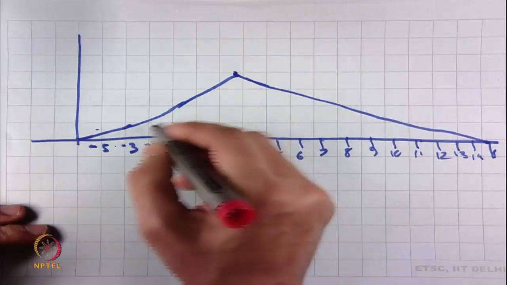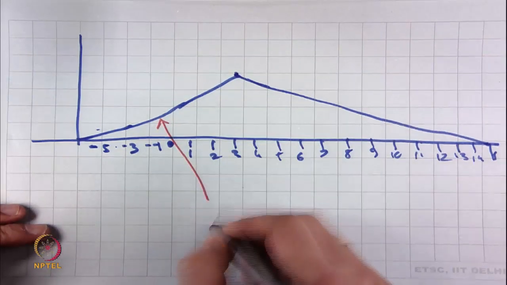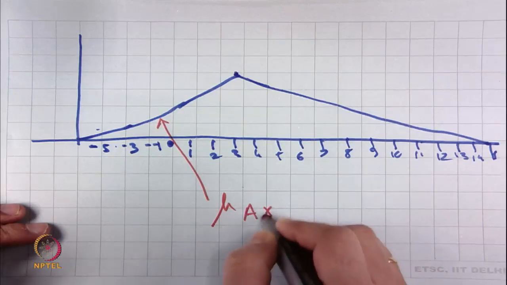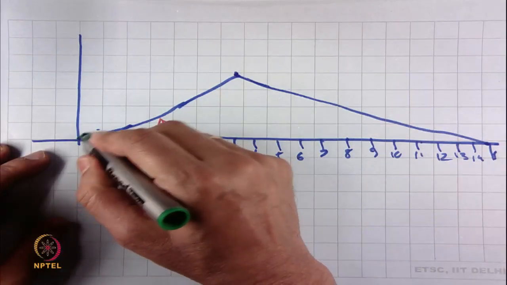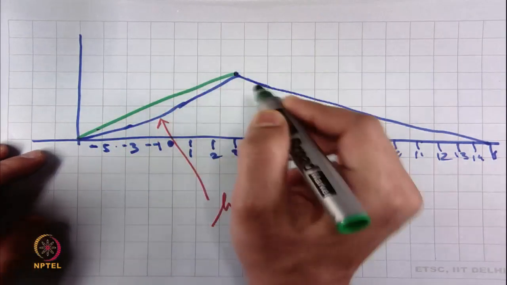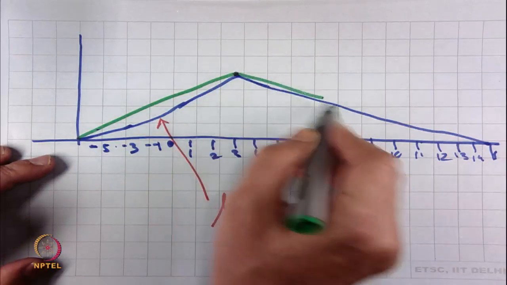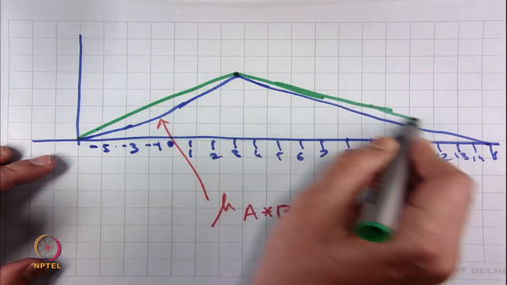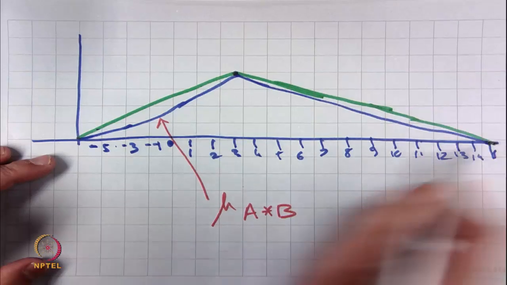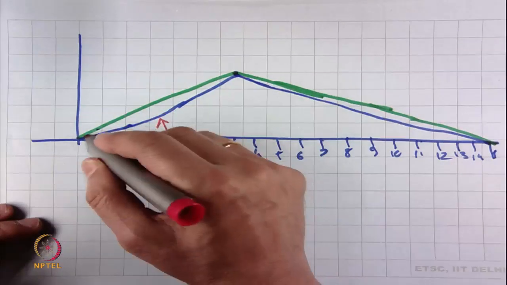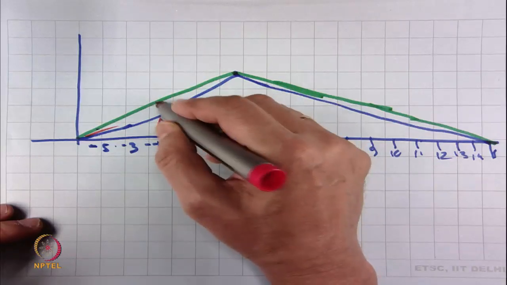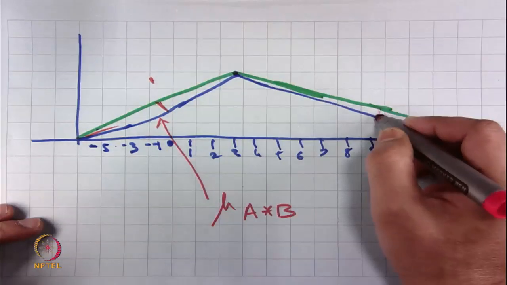So, this is mu A star B, and the linear approximation was something like this. So, this is the amount of divergence where the maximum is coming to be 1 on both sides.